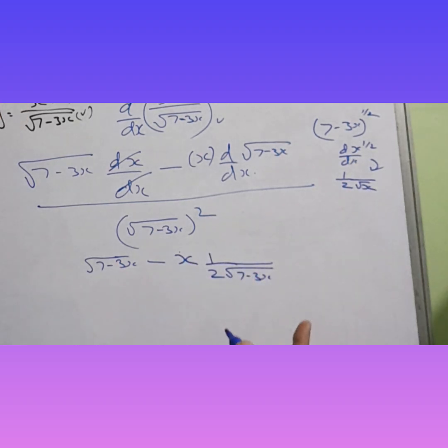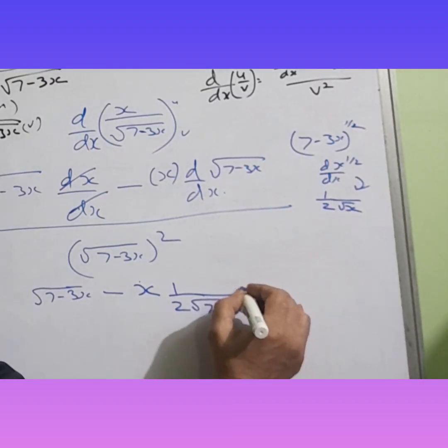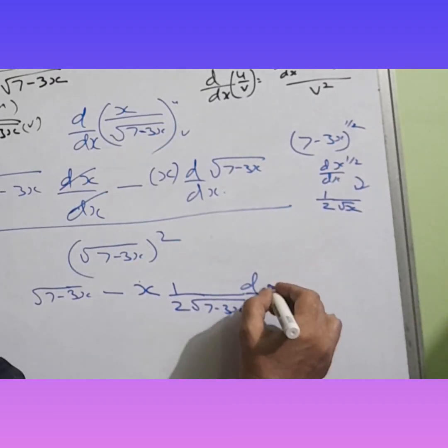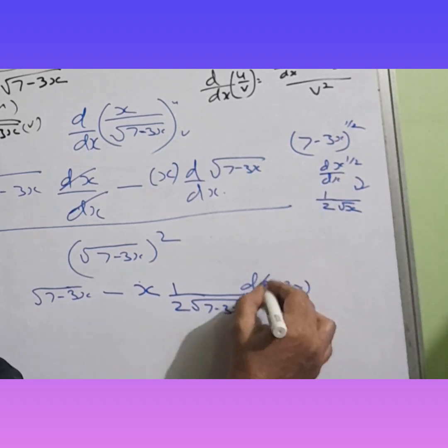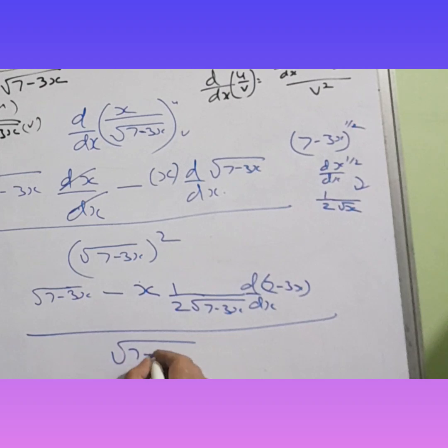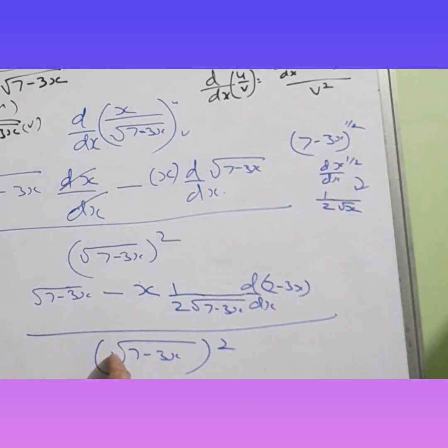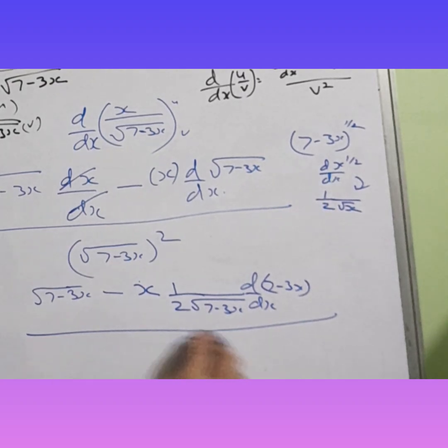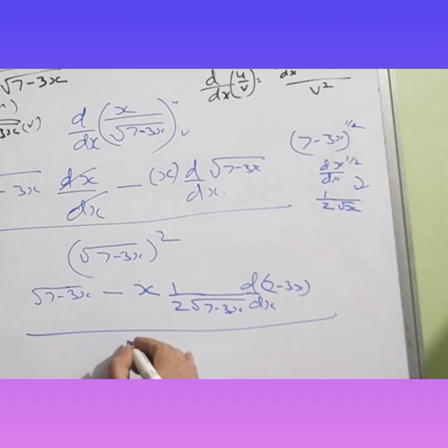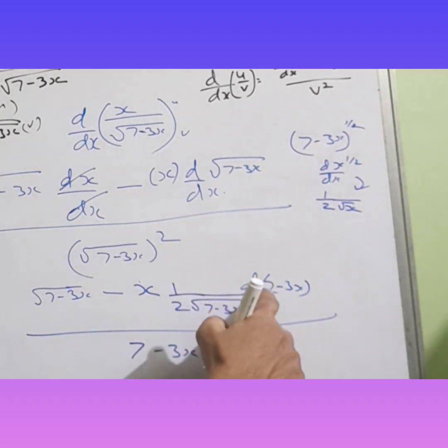Alright, and then obviously we have also got to apply chain rule for this, so we took care of this, but then maybe I will write it over here, d by dx of 7 minus 3x has also to be done, and then that is divided by a root of 7 minus 3x square. Now instead of square, since it is half into 2, this root disappears. So I can jolly well write over here 7 minus 3x.